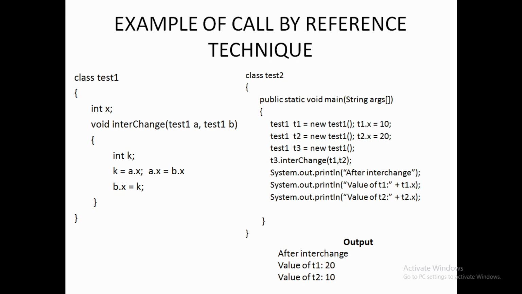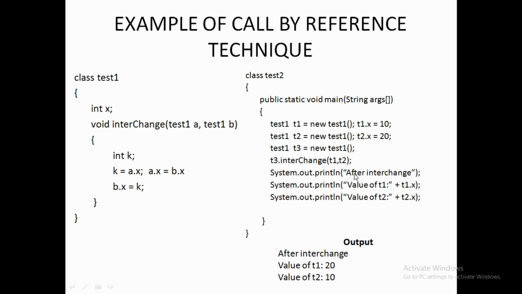Before passing these two objects into the interchange method, I have assigned some values to the objects. T1 has the value 10 and T2 has the value 20 before the interchange method is called.